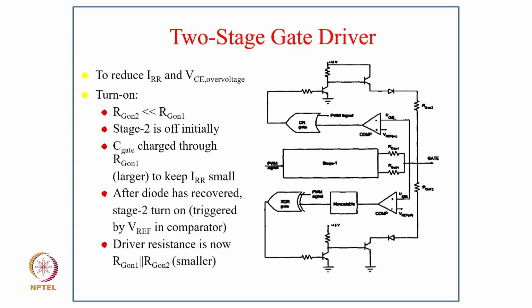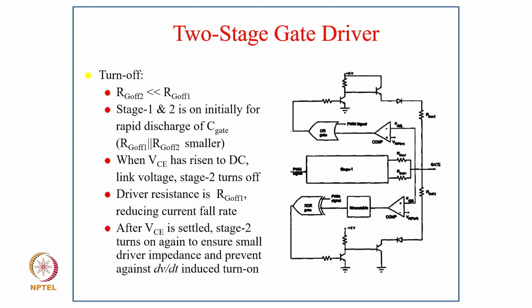So RG on 1 is a large resistance to keep the IRR small. After the diode has recovered, the stage 2 turn on is triggered by the V reference in the comparator, and the resistance is low. RG on 2 becomes almost parallel to RG on 1, which becomes quite smaller, in this two-stage gate driver circuit.